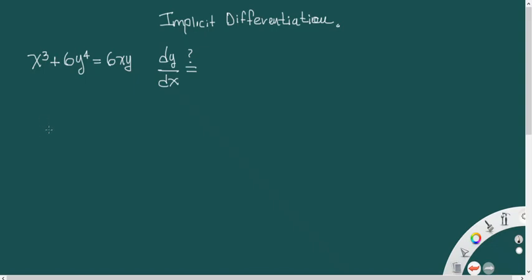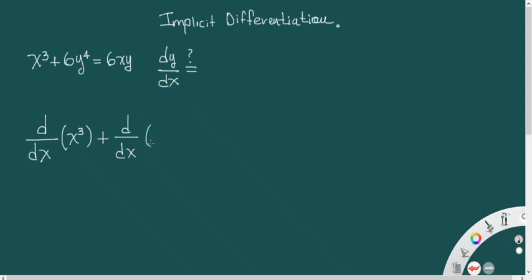So let's write the first part, which is d/dx, and this is for the first part, which is x cubed. Plus, it's got a plus here, and let's say that this is d/dx. Remember that this is a function of x, but the dependent variable is y. The independent variable is x.